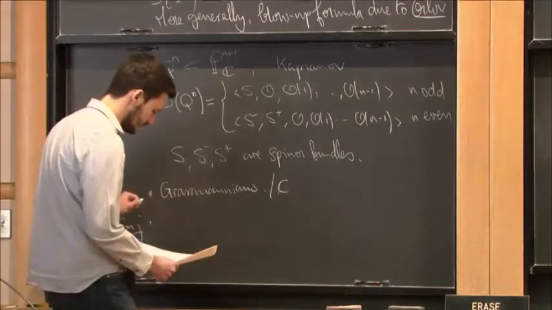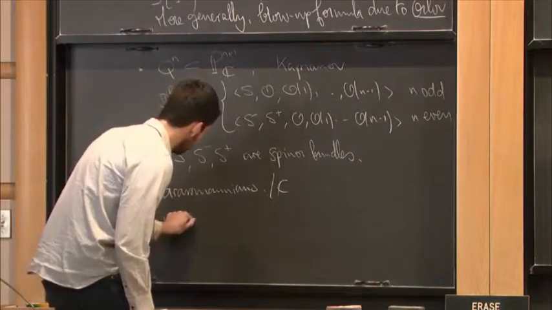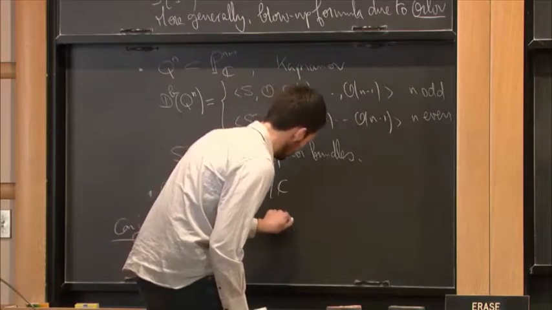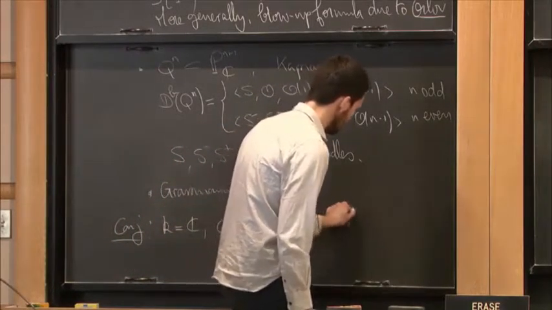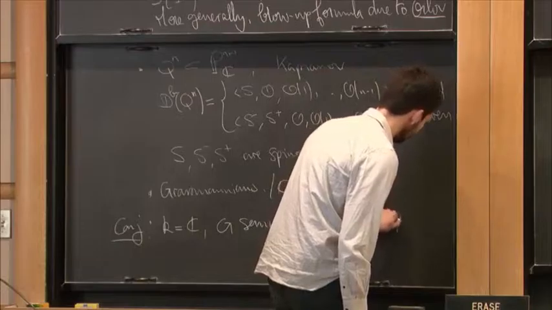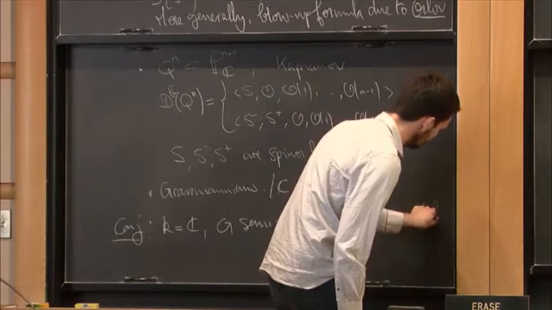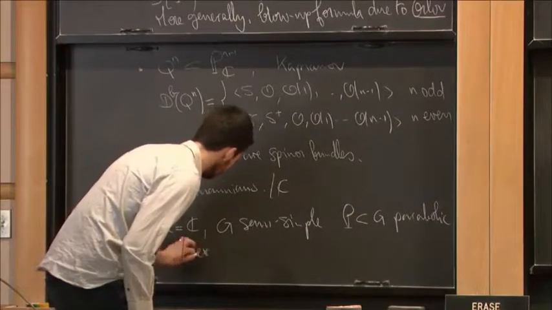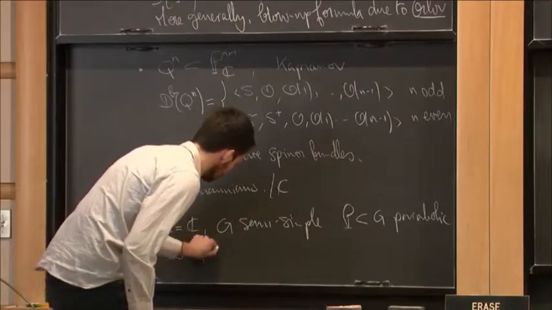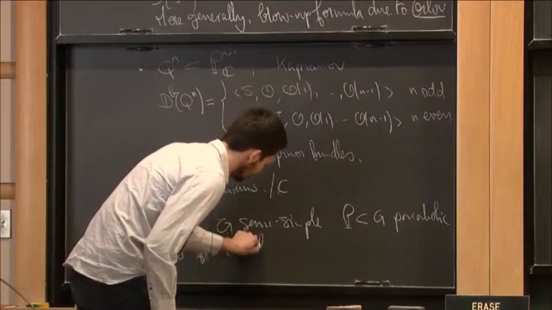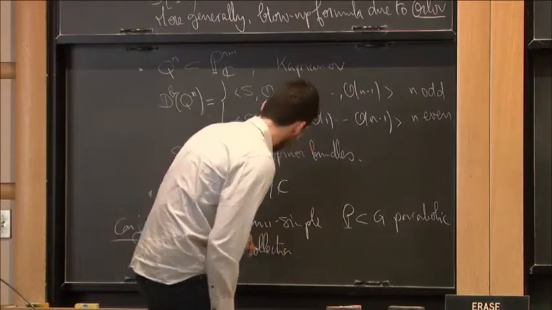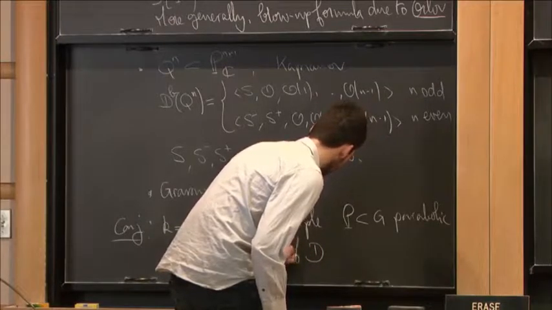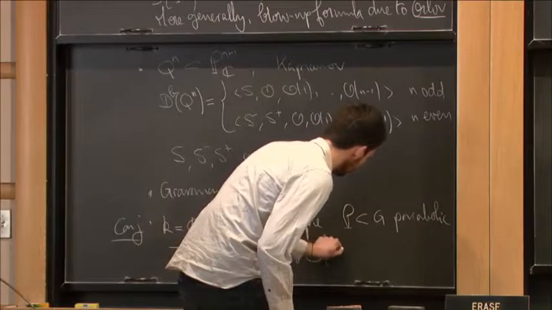It's an ongoing conjecture. So we have K equals C, G a semi-simple group, and P inside G a parabolic subgroup. Then the conjecture says that there exists a full exceptional collection for dB of G mod P.